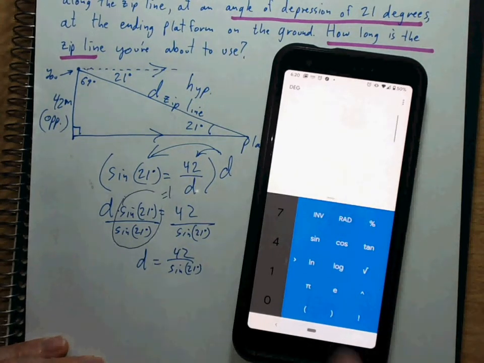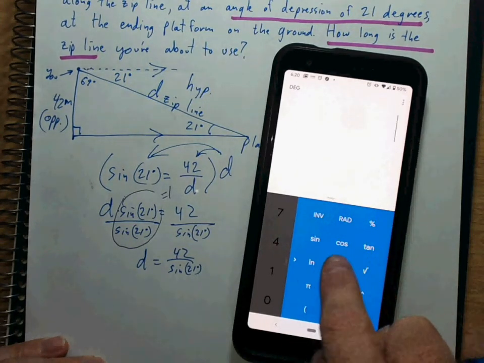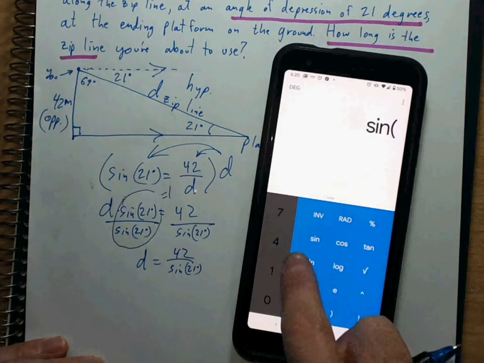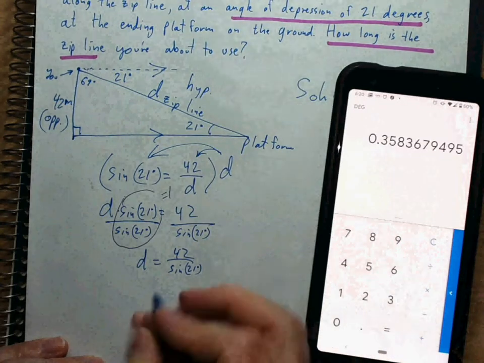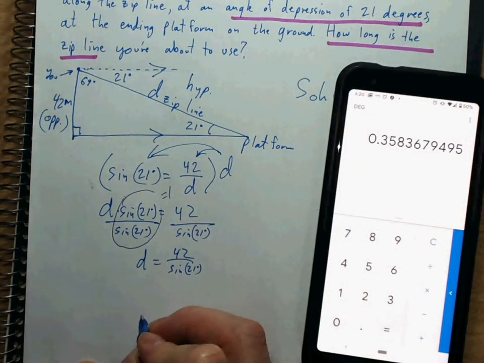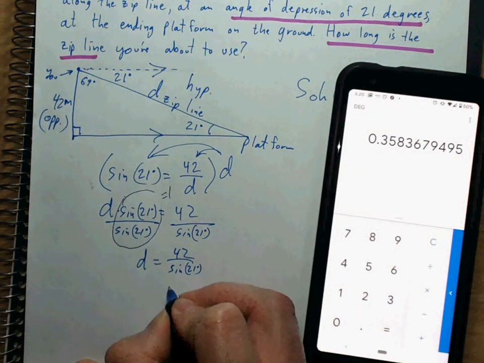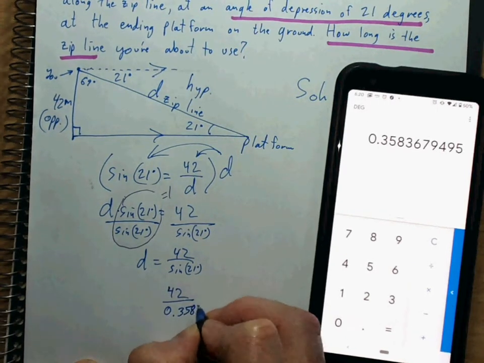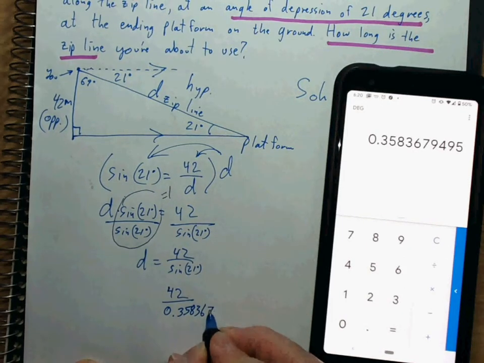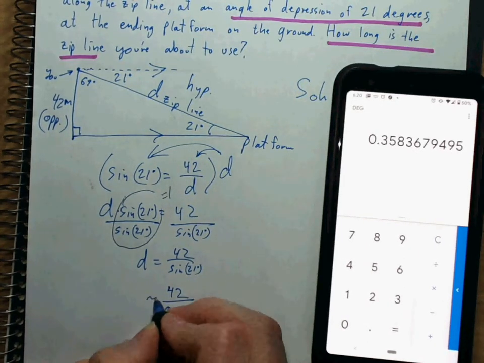I click on degrees, I'm in degrees. Okay? I want sine of 21 degrees. And that is 42 over 0.3583679, all sorts of ugliness.